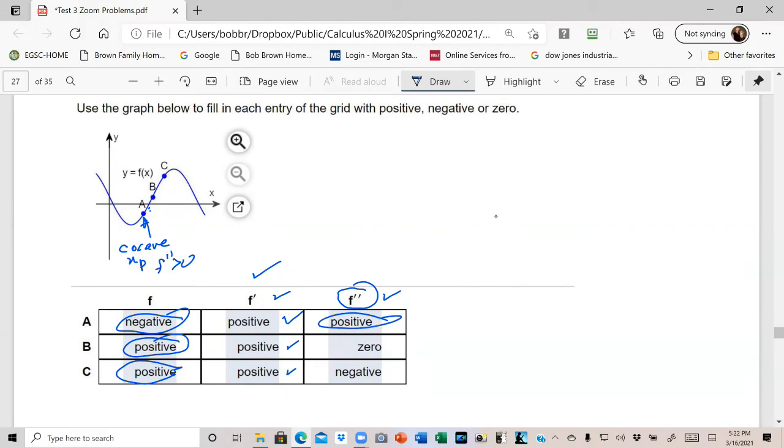It looks to me like point B is an inflection point, which means it would be 0. And then at point C, we're concave down, which means the second derivative is negative. So that's the way to fill in this particular table.